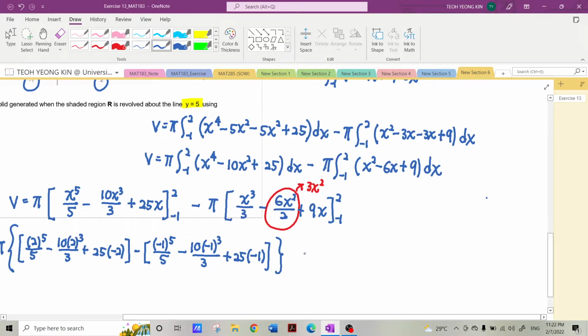Now we move to the second part, minus pi. So when I start to substitute, we put a curly bracket.